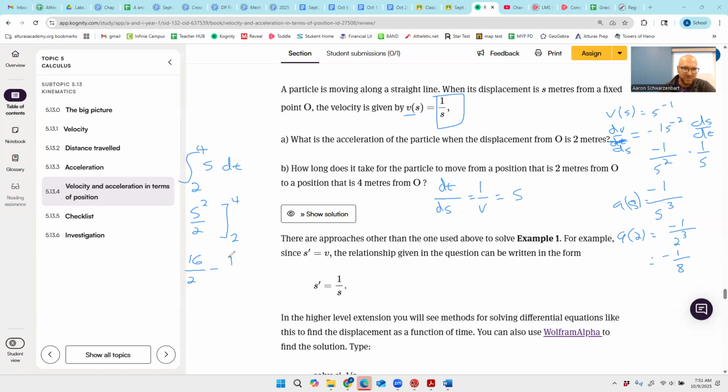I square 2, I get 4 over 2, which is 8 minus 2 is 6. This is a time, so that's 6 seconds. Okay, be careful of that.